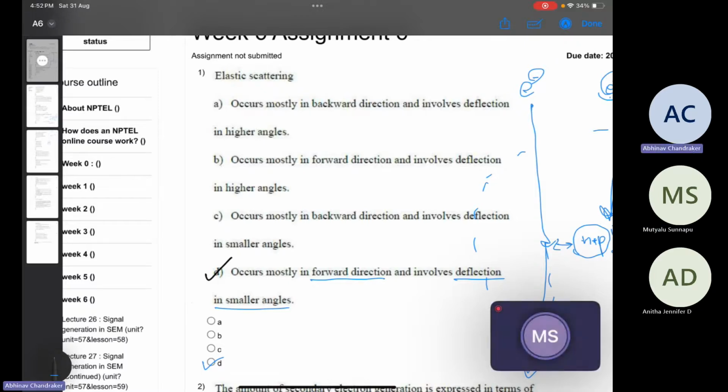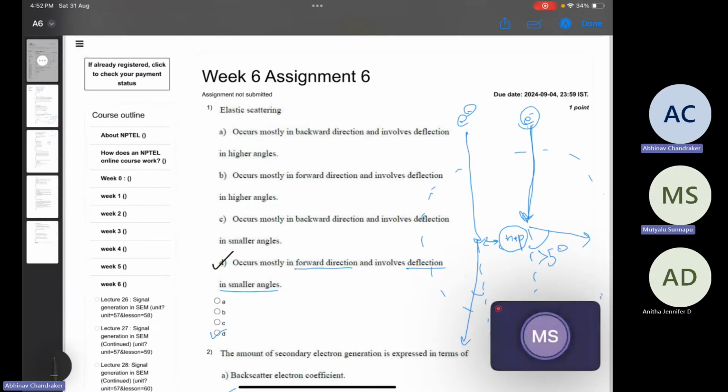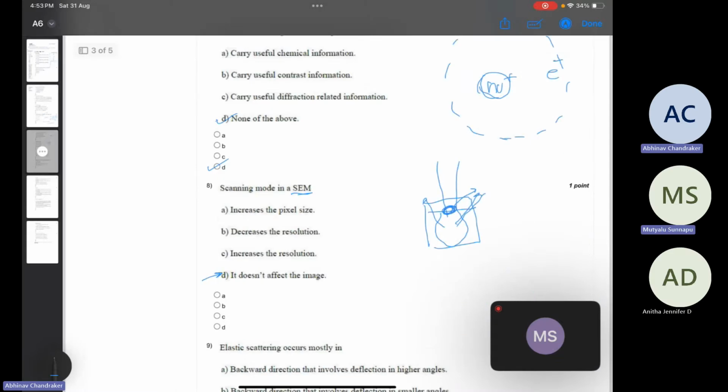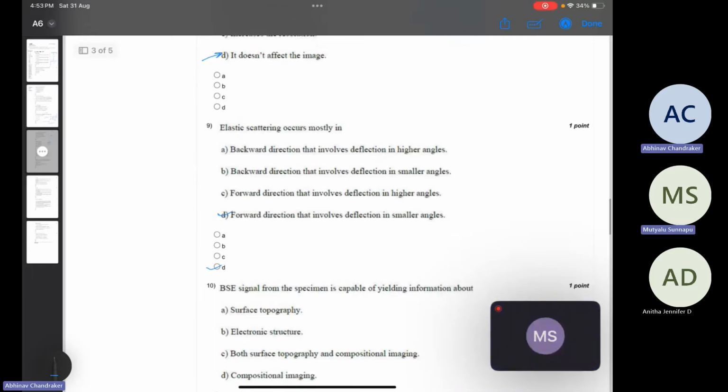Is this clear to you? The deflection involves forward scattering. The answer will be D, same answer.